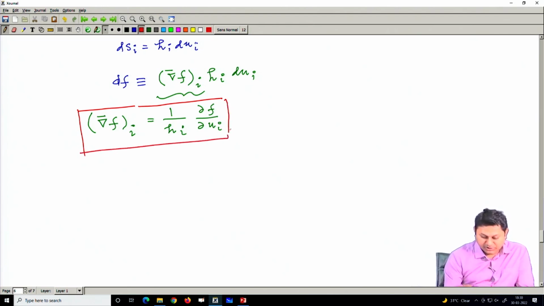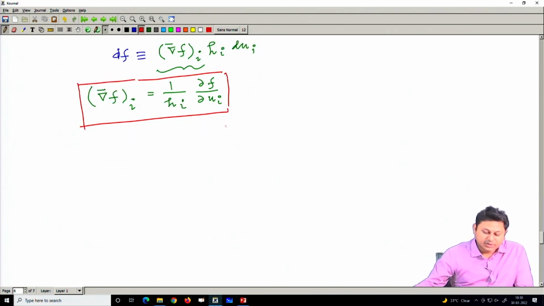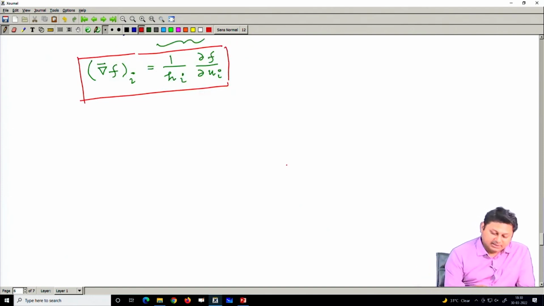Now, you should appreciate that for the Cartesian coordinate system, what happens? If I want to find out this quantity in the x, y, z system, then for x it is simply del f del x, right.